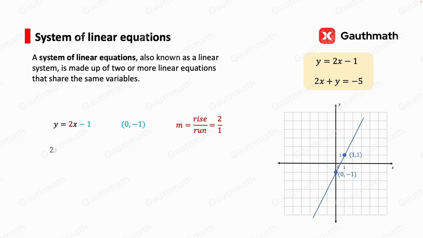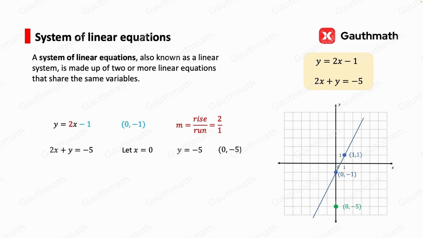The second one, 2x plus y equals -5. This one is in the standard form. And if we are given a linear equation in standard form, the best way is to graph from the x and y-intercepts. Let x equal 0, solve for y, and then that is the y-intercept, (0, -5).